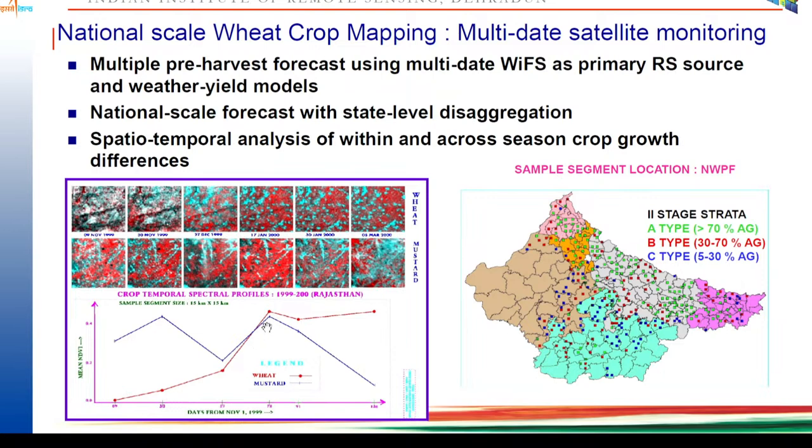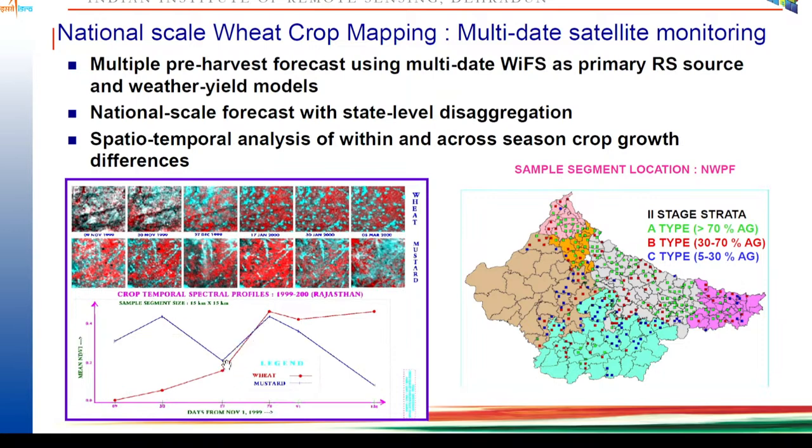So it again contributes towards more reflectance in the NIR and more absorption of the red wavelength. As a result, NDVI goes up. Again there will be senescence of the crop due to maturity, drying of leaves, yellowing of leaves, and finally maturity. So that is why there are two peaks.